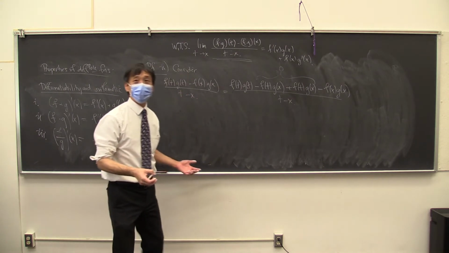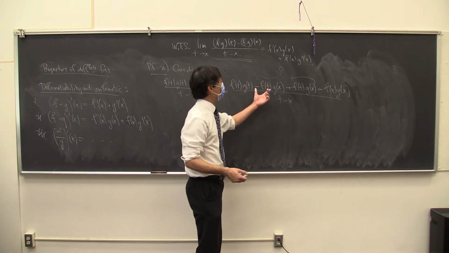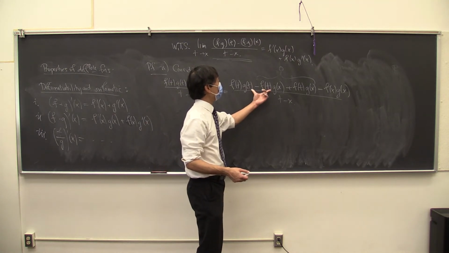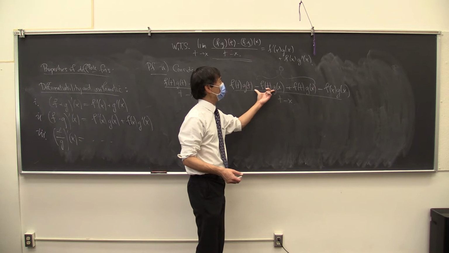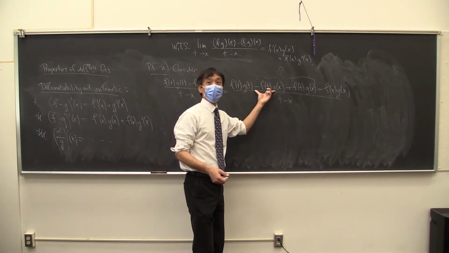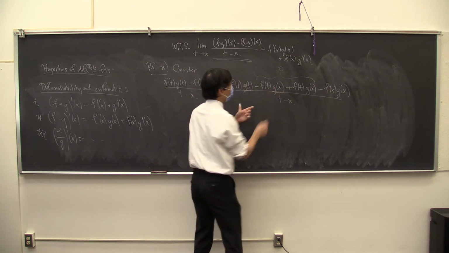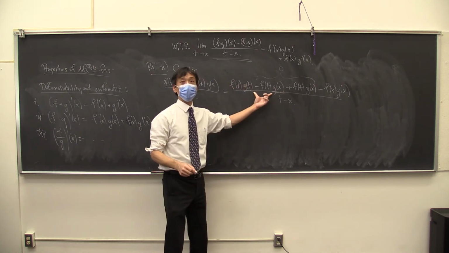This is kind of a useful trick because what we're trying to do here is slide in the derivative of g. If I put this thing in here, then you notice that I'm putting a derivative of g in here.